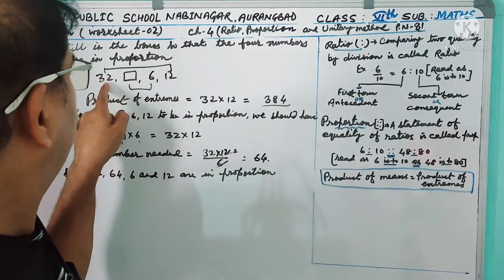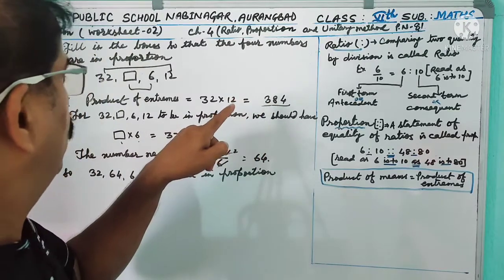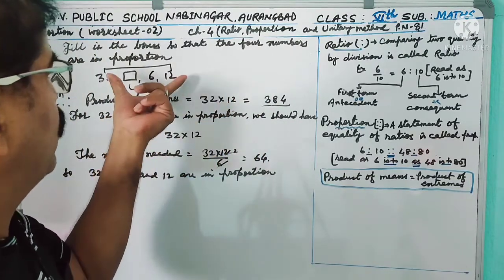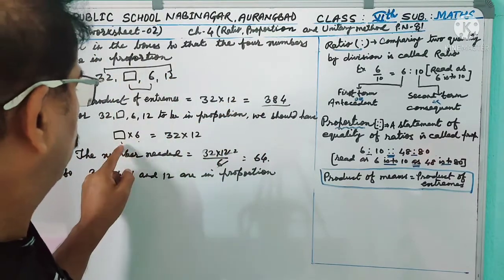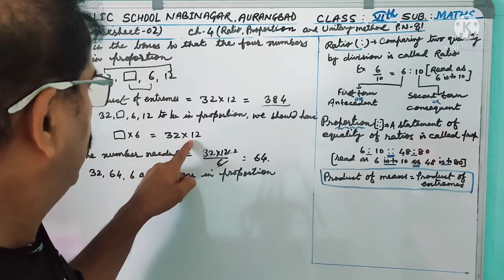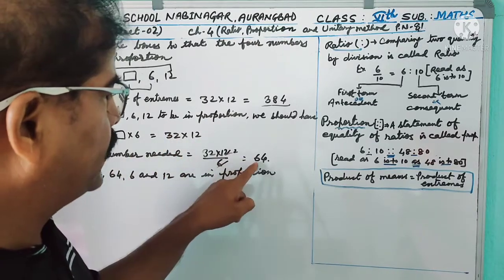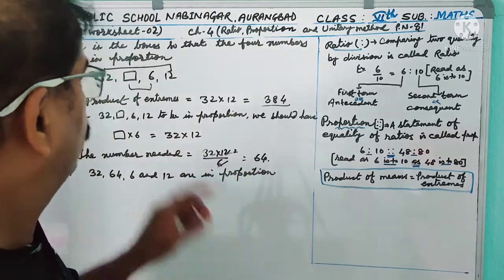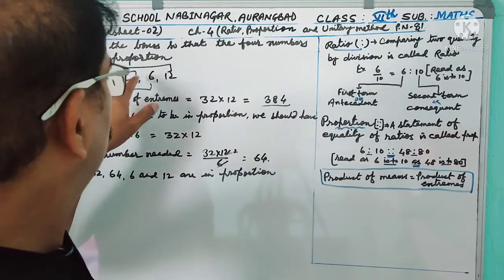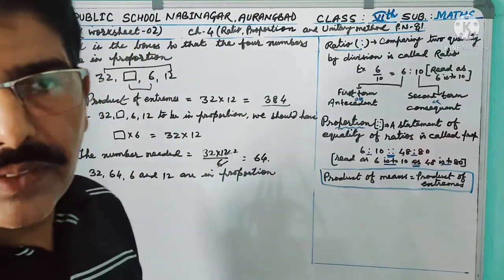First you find the product of extremes, you get 384. So the number needed is 32 into 12 by 6, that is 64. So we show that 32, 64, 6 and 12 are in proportion.